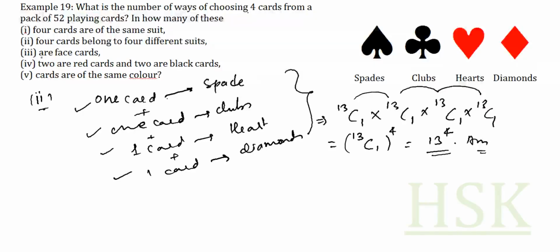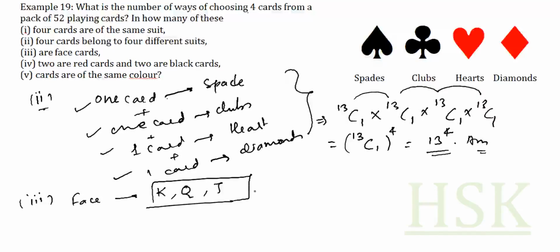Next, how many of these are face cards? Now what are face cards? The cards of king, queen and jack. These 3 types of cards are known as face cards. Of each suit there are 3 cards and there are 4 suits, therefore the total number of cards is 12.